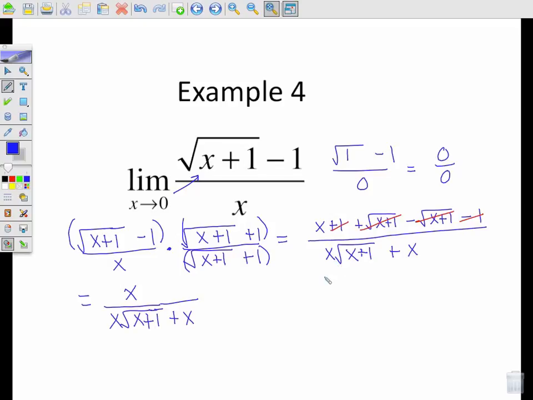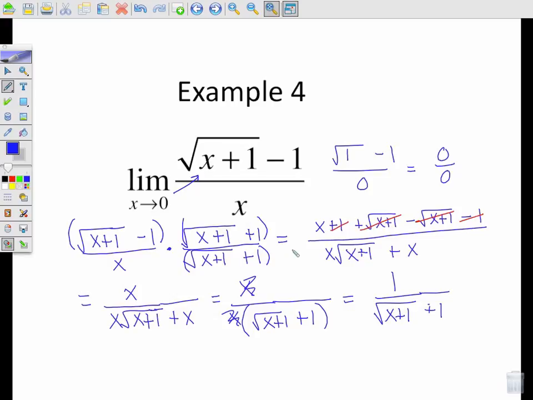Well, you can see here that maybe I didn't need to necessarily distribute that x in the denominator because I've got an x on top, and I can take that x back out on bottom. And what we have here is we can cross out the x's now. So cross those out, cross that out, and we're left with 1 over the square root of x plus 1 plus 1.